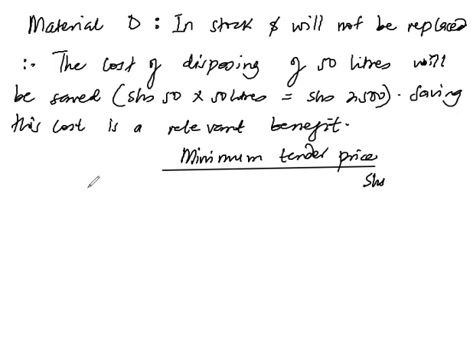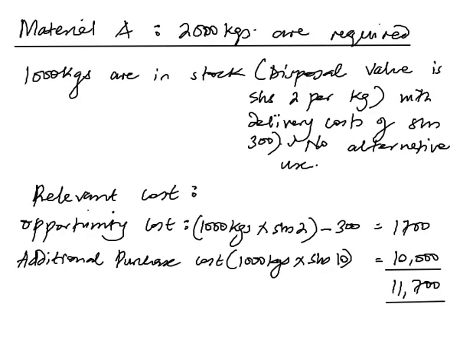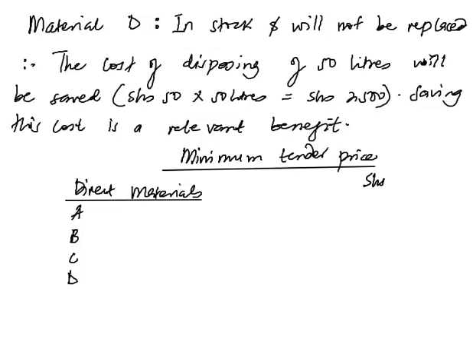So I have direct materials: material A, material B, then material C. When you go back to our material A, the relevant cost was 11,700.